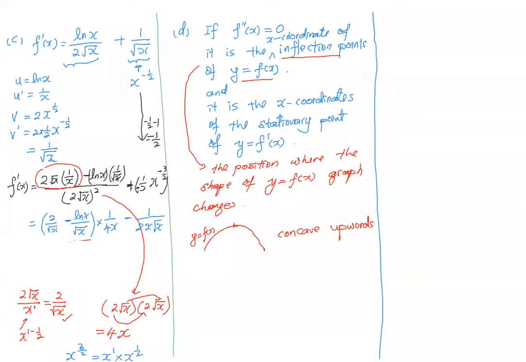If the graph starts from here, there is a point here, this is called the inflection point. This is just theory, this is not our situation. Then it changes to like that, and this part is called concave downward.